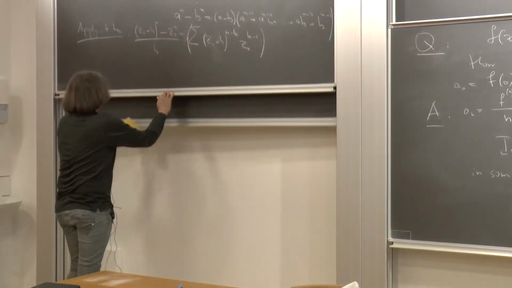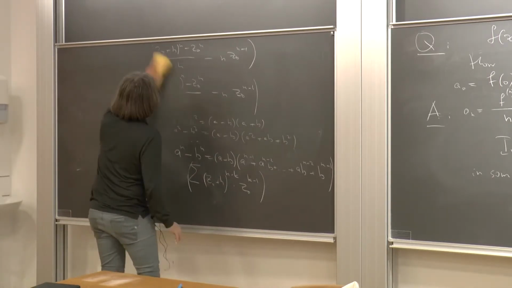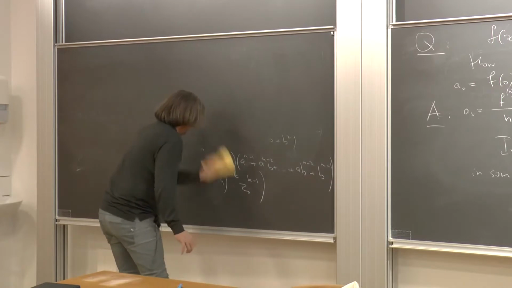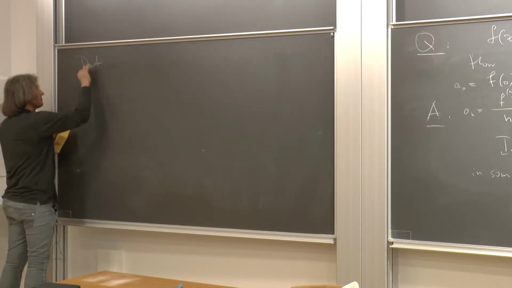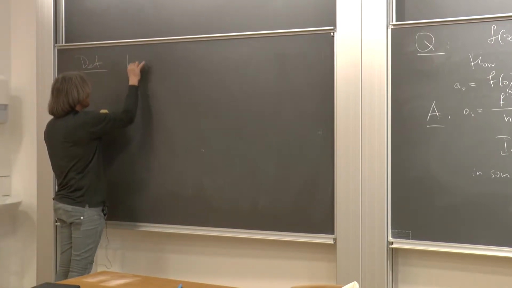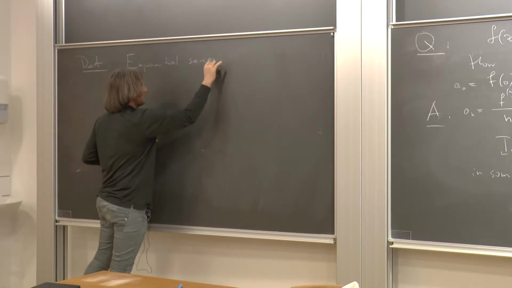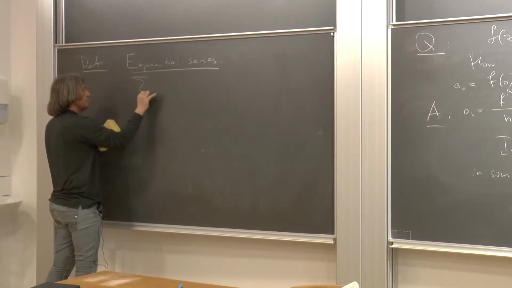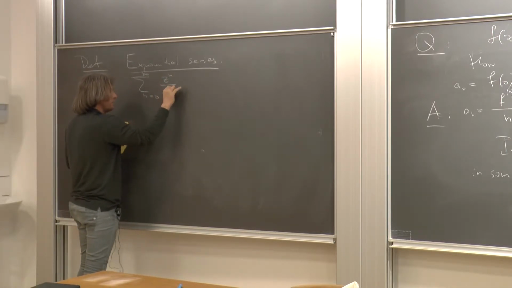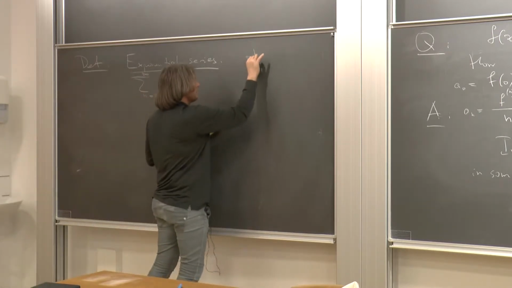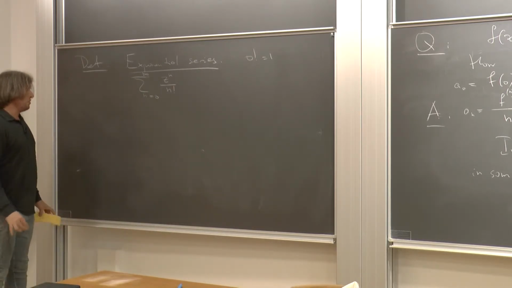So definition, exponential series: sum n equals 0 to infinity z to the n divided by n factorial, where 0 factorial equals 1 just by definition.